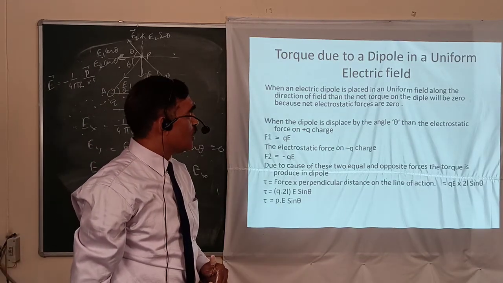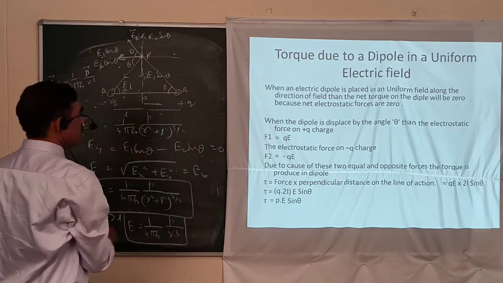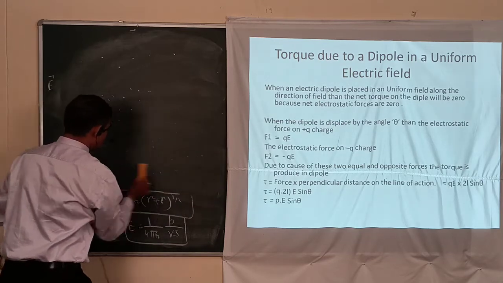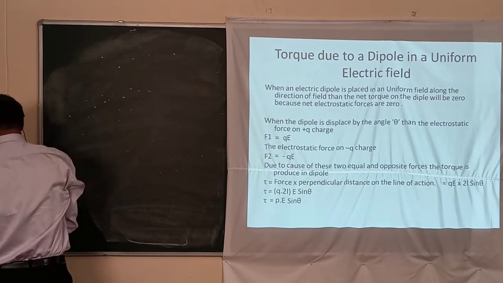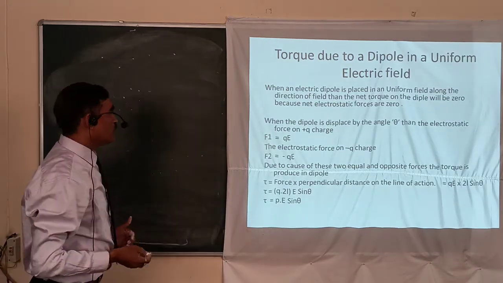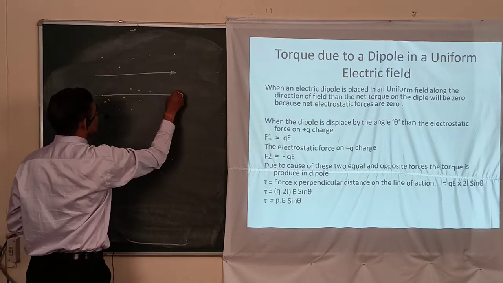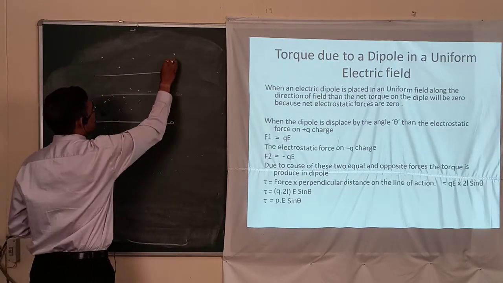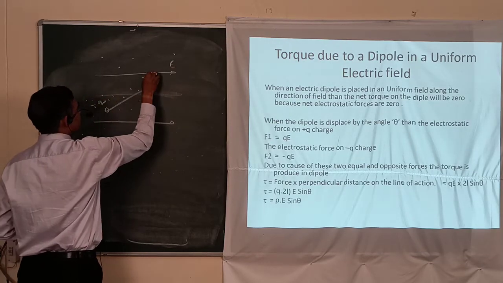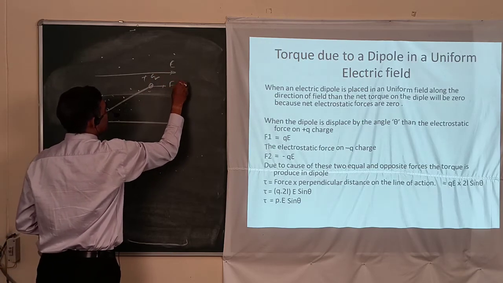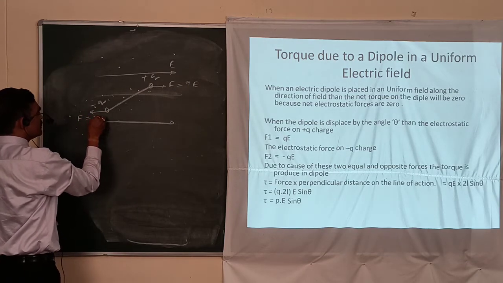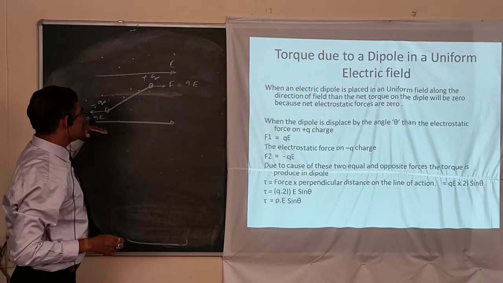Now the next one is torque due to the dipole in a uniform electric field. Torque means whenever two equal and opposite forces act, then the torque acts which tries to rotate that body. Now see, this is a uniform electric field, and in this uniform electric field, suppose a dipole is placed like that, this is a minus Q and this is a plus Q. The force will act along the direction of electric field at the positive charge and in the direction opposite to the electric field at the negative charge.